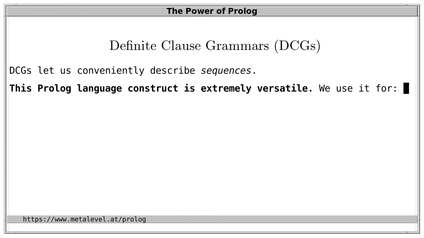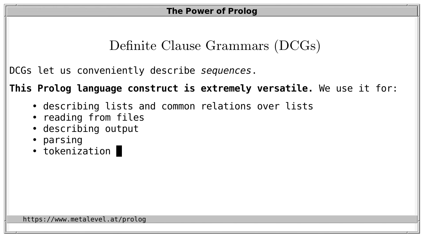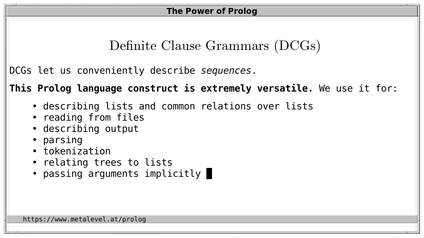And we've seen various use cases, such as describing lists and common relations over lists, member, append, last element, reversal, and so on, reading from files by decoupling the declarative description from actual I/O, describing output using format_, phrase_to_stream, and so on, parsing, and as a subtask of parsing, tokenization, or more generally relating trees to lists, such as describing the tags of an HTML document and so on, and also passing arguments implicitly, similar to Haskell's monads.